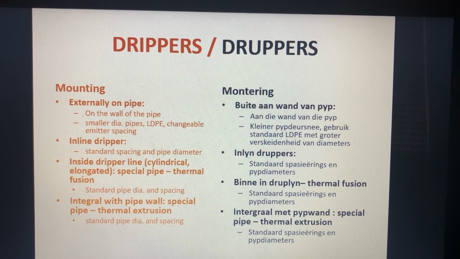This is a very specific kind of metal that is used, and inside of your lateral line there will be this dripper situated inside there. And then integral with the pipe wall. This is a very small mechanism that usually sits inside the wall of your lateral line.